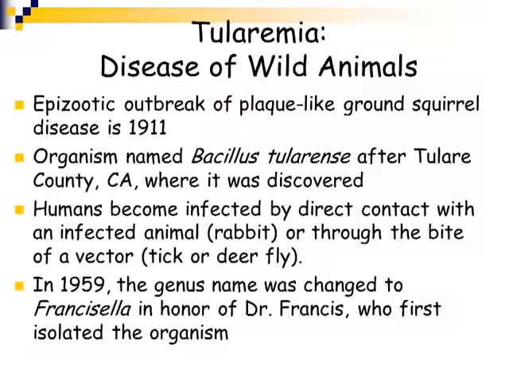Humans became infected by direct contact with infected animals, such as rabbits, or through the bite of a vector like a tick or a deer fly. In 1959, the genus was renamed Francisella instead of Bacillus in honor of Dr. Francis, who first isolated the organism.